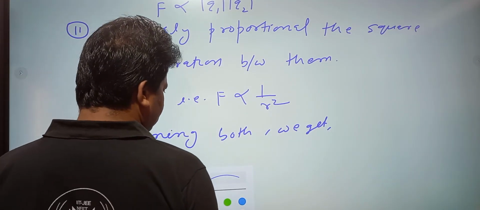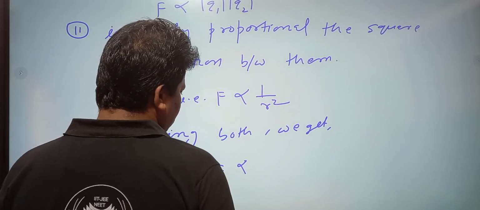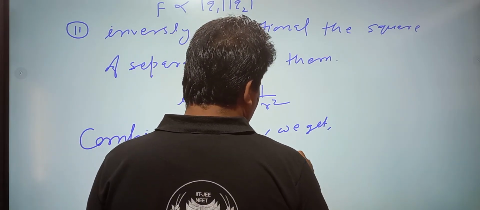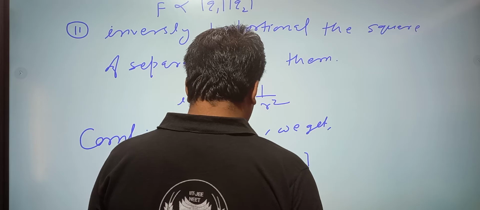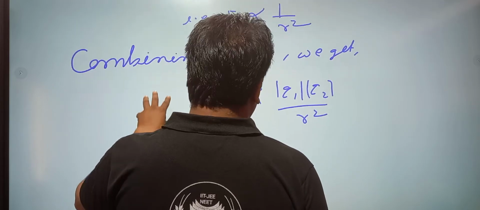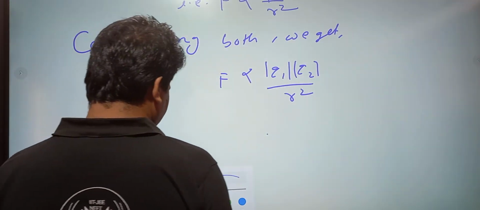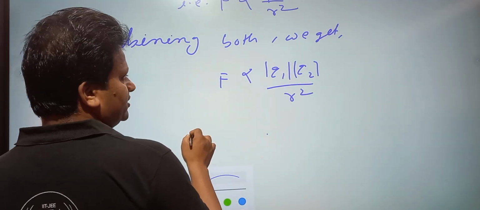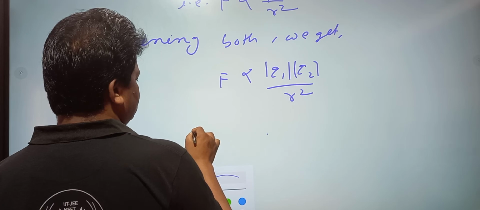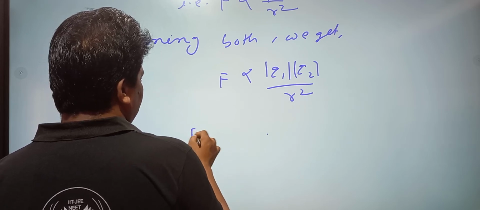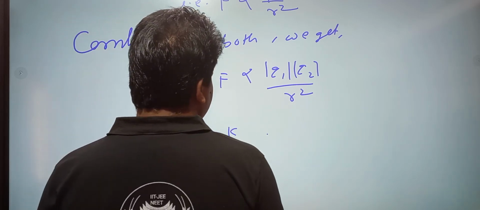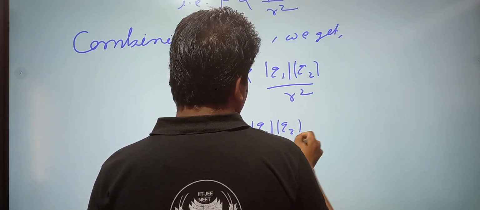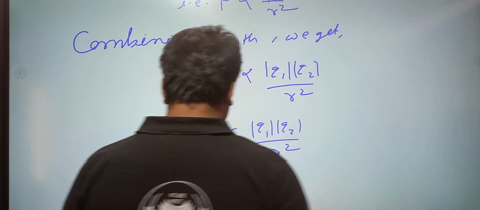Combining both, we get F is directly proportional to modulus of Q1 times modulus of Q2 upon r square. This should be equal if there is a constant. The constant is K: F equals K times modulus of Q1 times modulus of Q2 upon r square.